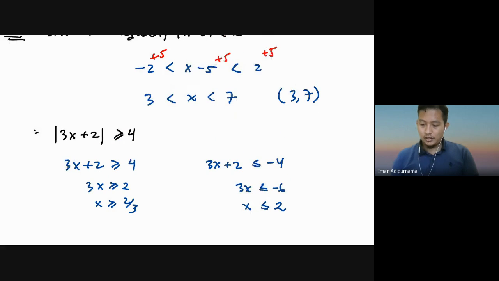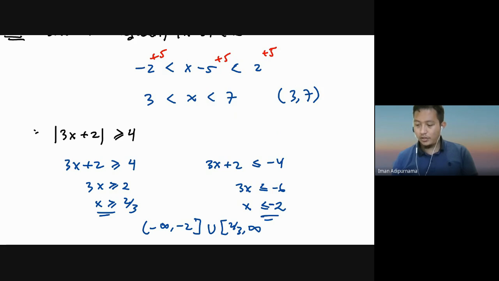And the solution, yeah, this is the solution, or you can write the interval. It's included -2, union 2 over 3, and then going to infinity.